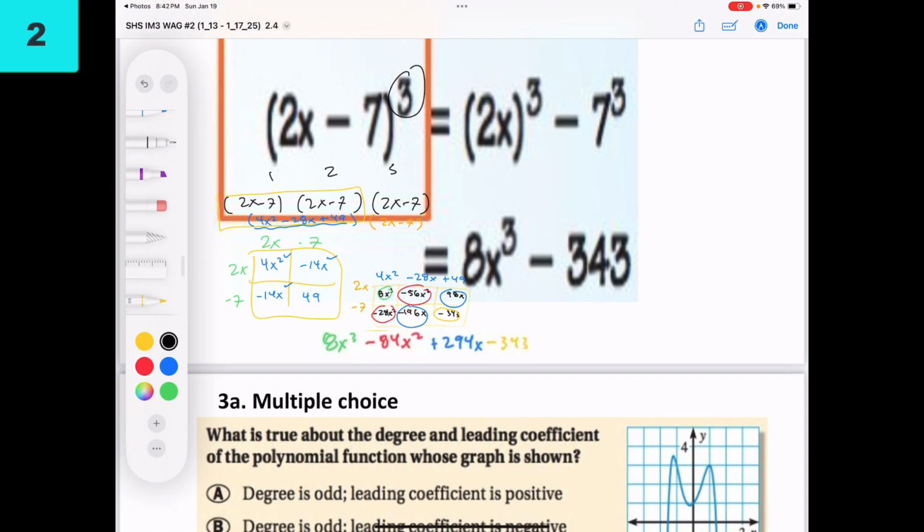I think the student's mistake is distributing the power of 3. So they're trying to do something like that.